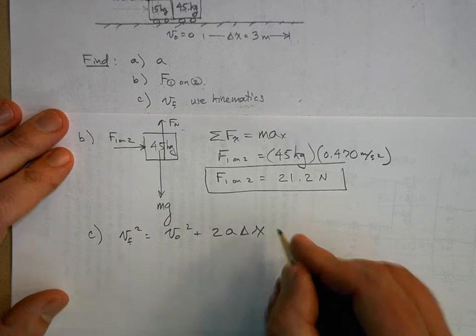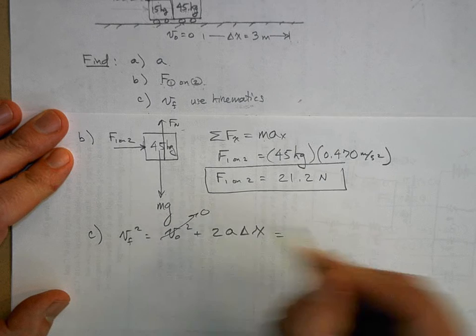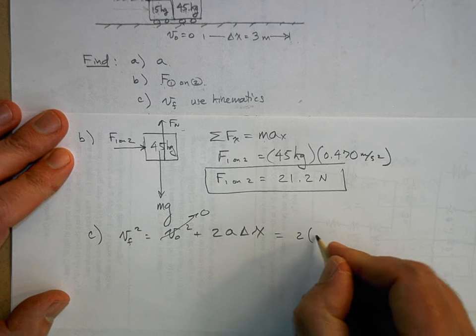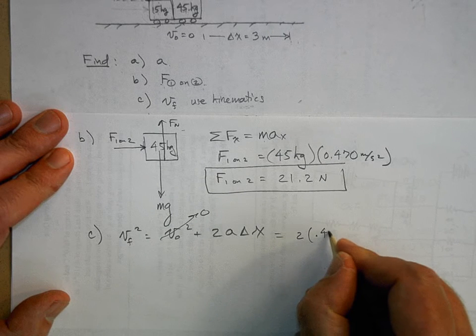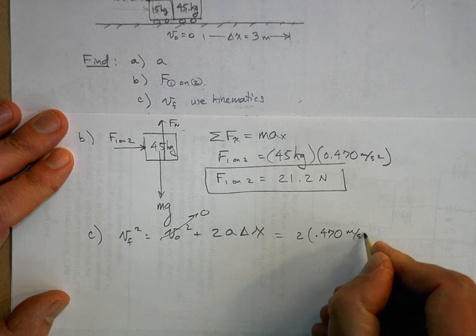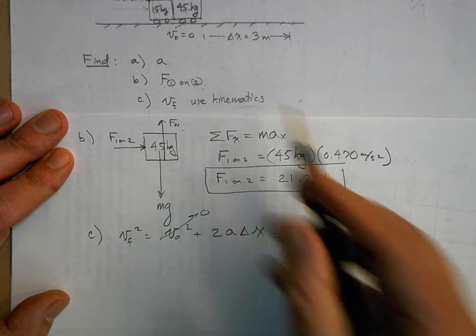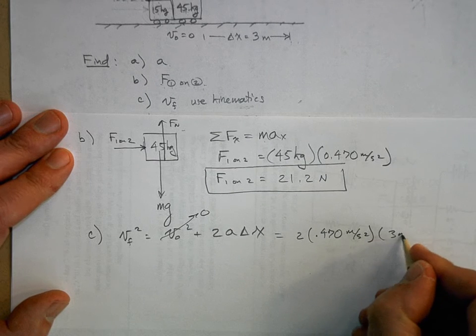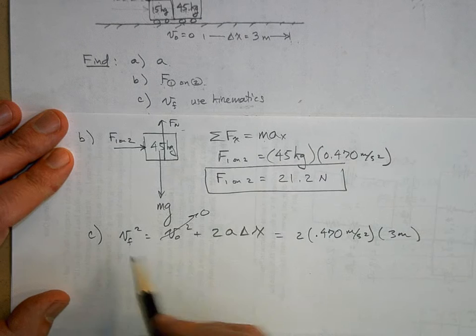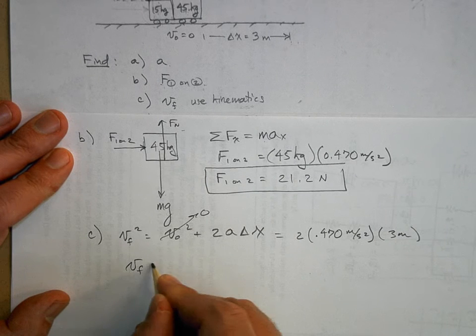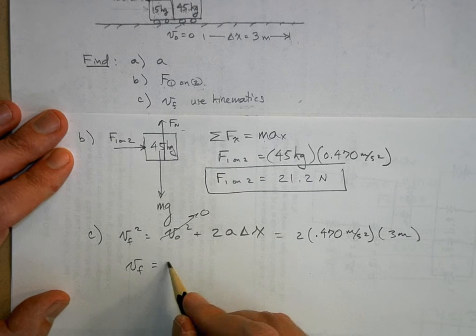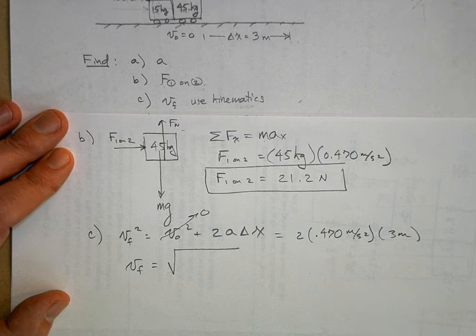All right. So, well, this is 0. So this is 2 times, and what is this, 0.470 meters per second squared. And the displacement was given to be 3 meters. And so V final is equal to the square root of all that. That's the square root of, well, what is 2 times 0.470 times 3?